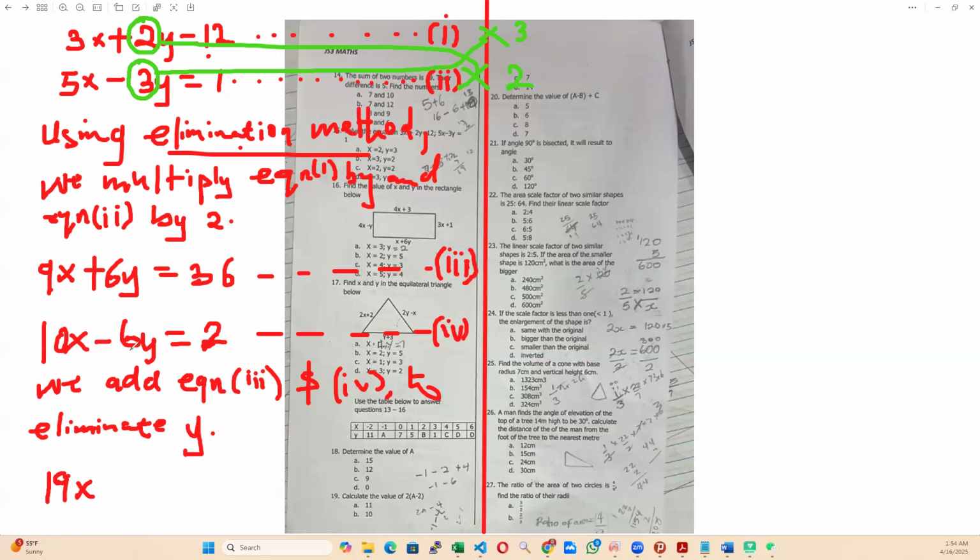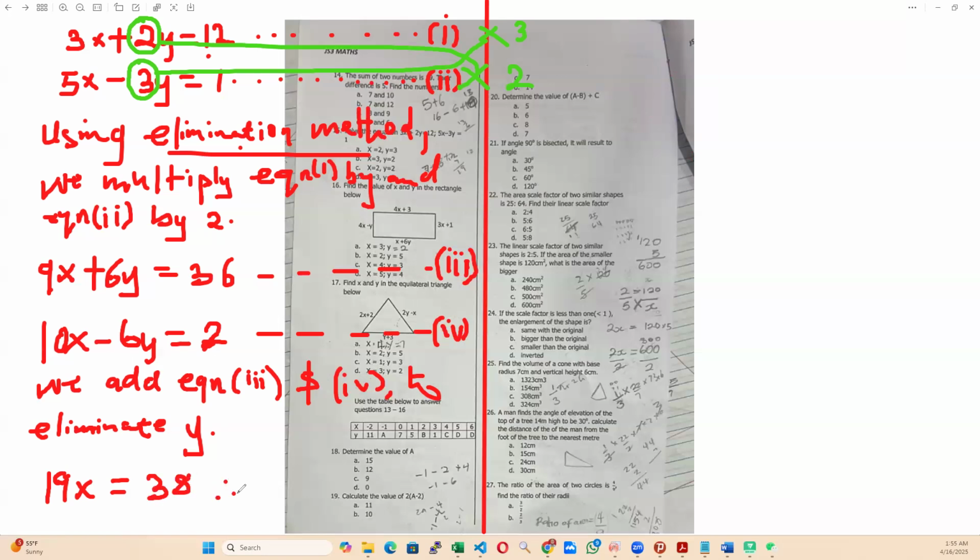Now, you see, when we add these two, we're going to have 0. We're adding equation 3 and 4. When we add 6y and minus 6y, we'll have 0. You have seen what we did. When you add 36 plus 2, you have 38.